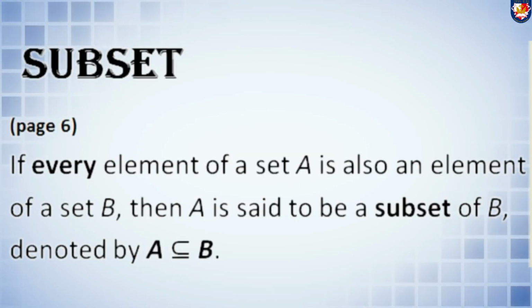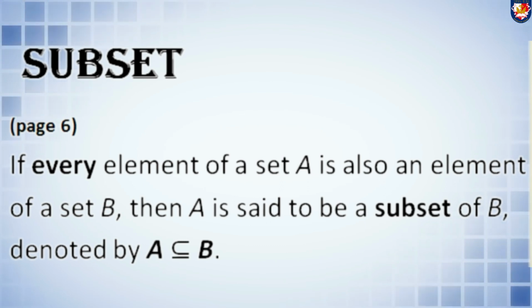And then we're going to talk about subsets. Still, I need you to open page 6 in your book. What is a subset? If every element of set A is also an element of set B, then A is said to be a subset of B, denoted as you can see on the slide. What does that even mean, sir?